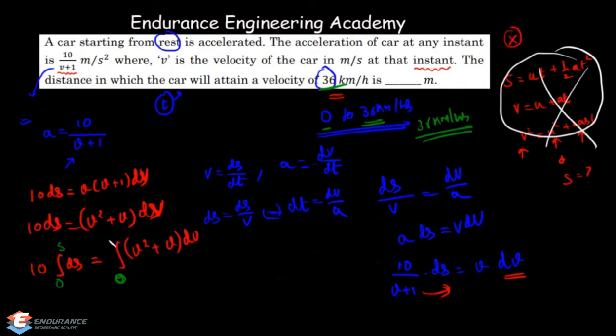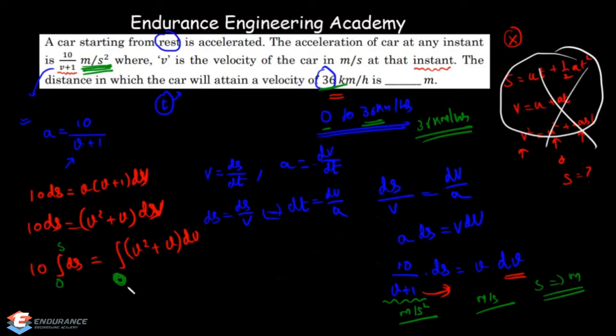I should not use. This is where you have to see the unit. Unit of acceleration is given as meter per second square. So wherever unit of velocity comes, I need to use meter per second only. And wherever unit of displacement comes, I need to use meter only.